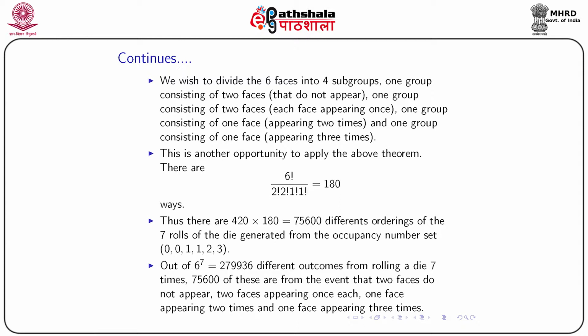Out of this huge number of outcomes from rolling a die 7 times, 75,600 are from the event that 2 faces do not appear, 2 faces appear once each, 1 face appears 2 times, and 1 face appears 3 times. So using the theorem that we have just mentioned, we can compute the sum in this way.